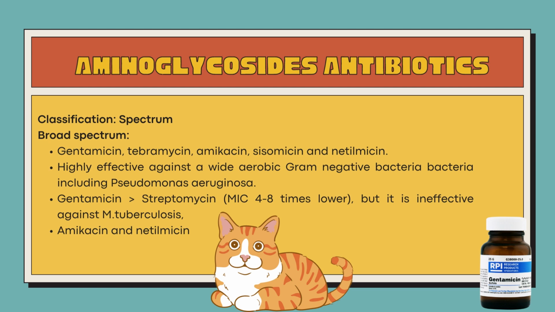Gentamicin is more potent than streptomycin, but it is ineffective against Mycobacterium tuberculosis. Amikacin and netilmicin are resistant to bacterial aminoglycoside inactivating enzymes and therefore have the widest spectrum of activity, including against organisms resistant to other aminoglycosides.